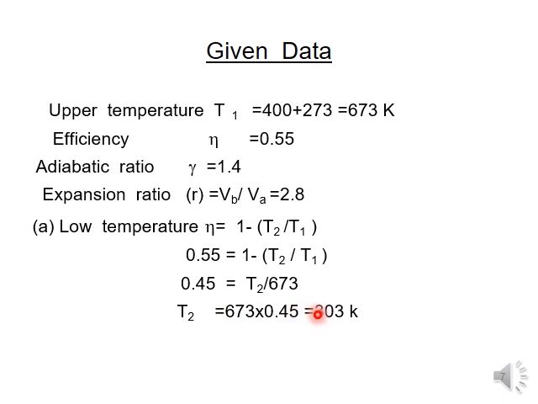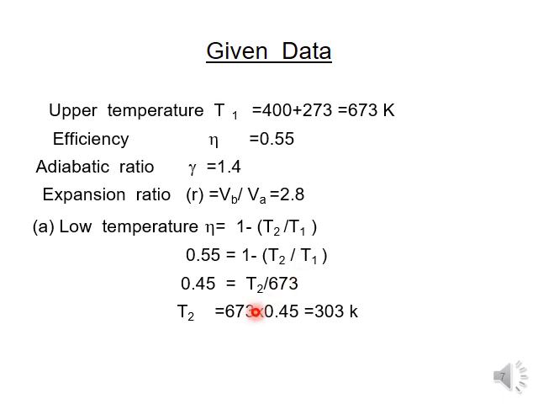Observe that after completing the problem, we have to check the answer, because we all know that T2 is a low temperature, means we will get the answer less than T1. So check here, T1 is 673 Kelvin and this is the maximum temperature. So obviously we will get T2 less than 673.